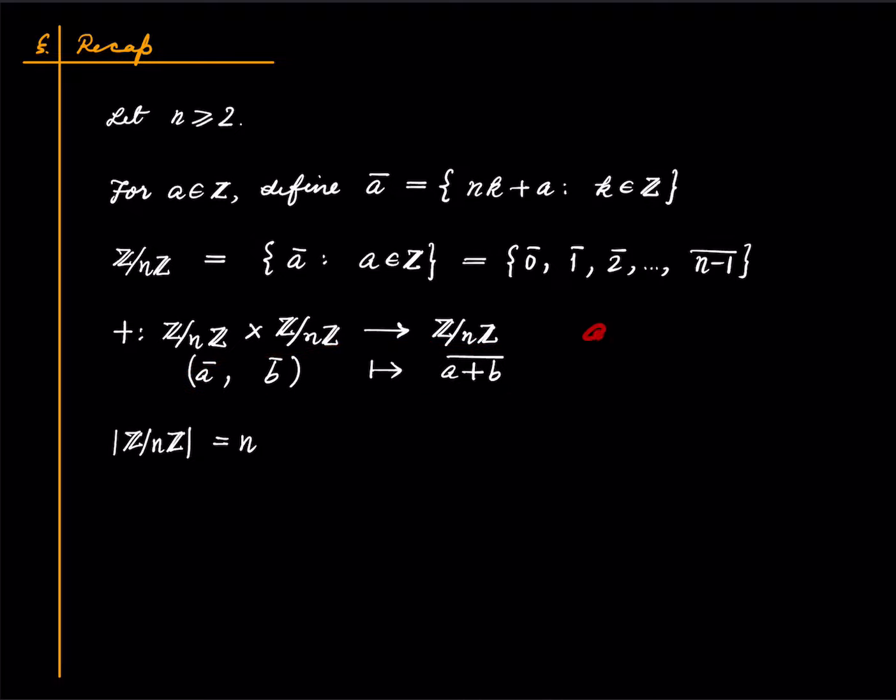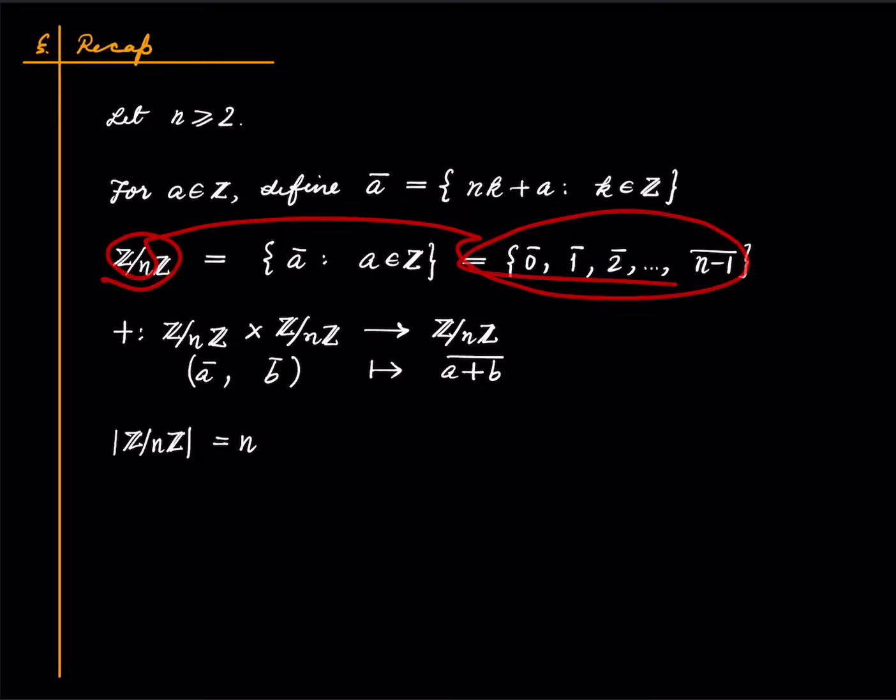What we did was something else: we said that it is a bar plus b bar, which I don't want to get into, but if you followed the last lecture, this shouldn't bother you. And lastly, I want to comment that the size of this group is n. We didn't explicitly say it, but it is clear from this observation.